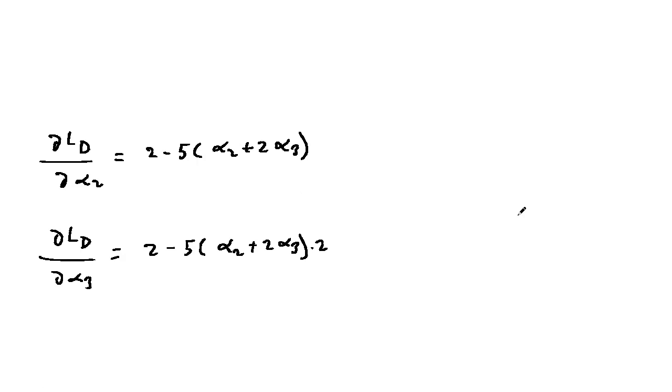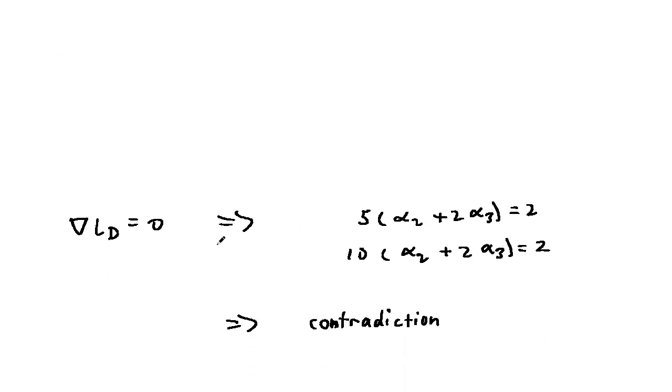Let's look for any critical points in the interior of the positive orthant by setting the gradient of L sub D equal to 0. The partial of L sub D with respect to alpha 2 is this. The partial of L sub D with respect to alpha 3 is this. Setting the gradient of L sub D to be 0, we get this set of equations.